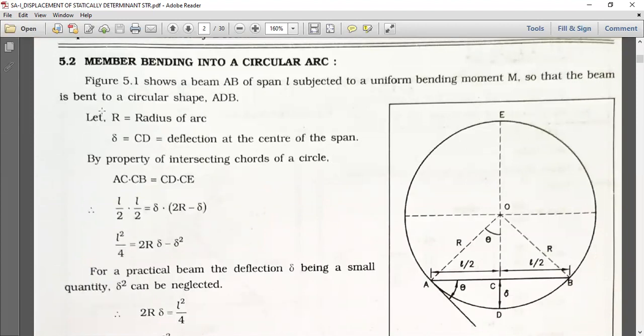Now, first, member bending into a circular arc. We can show a figure: a beam AB of span L subjected to a uniform bending moment M, so that the beam is bent to a circular shape ADB.